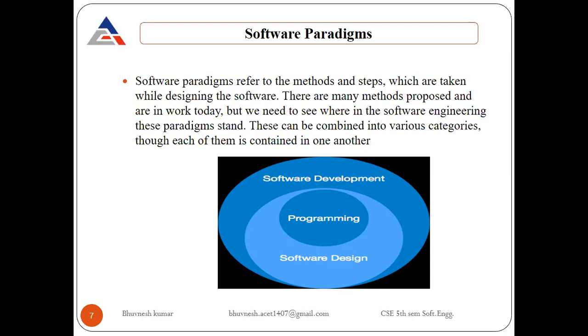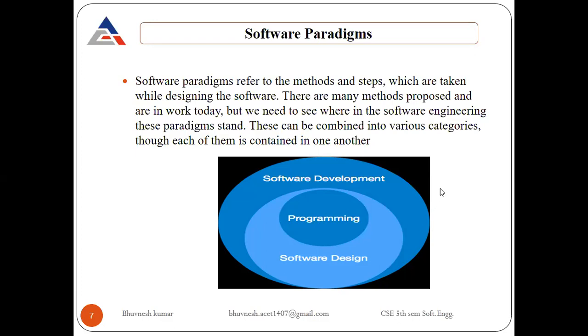This is your third phase, the designing phase. First phase is requirement analysis and gathering, second is planning, and third is designing. And software paradigms refer to when you design your software.